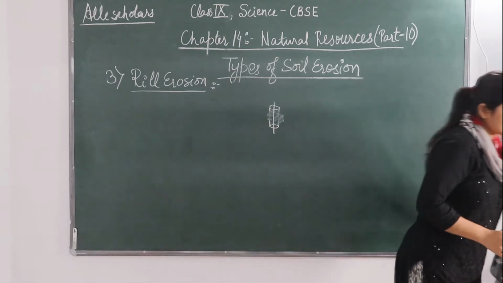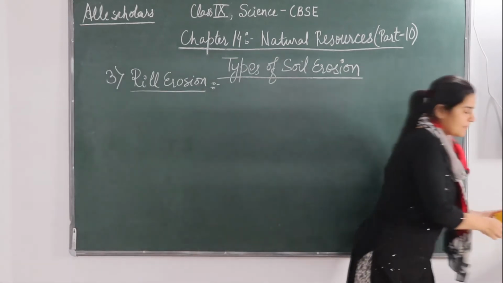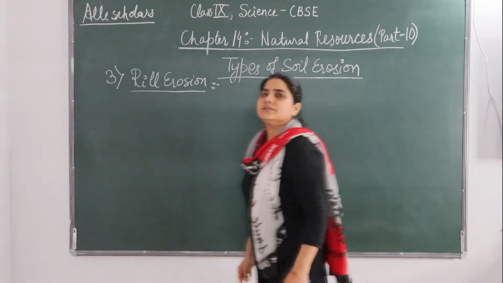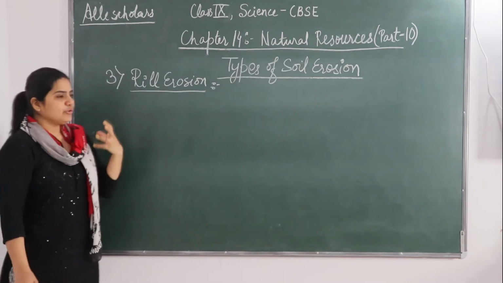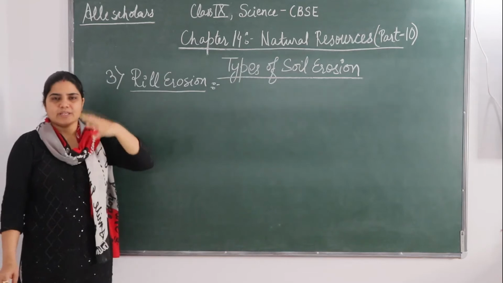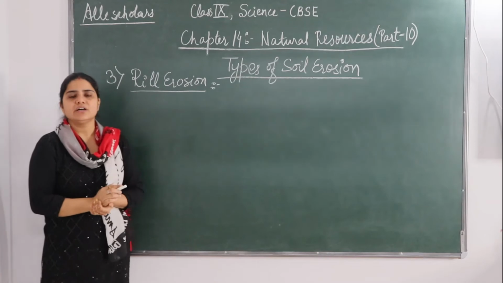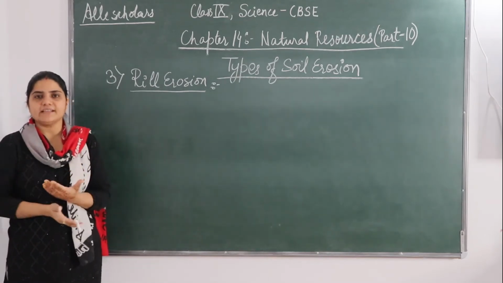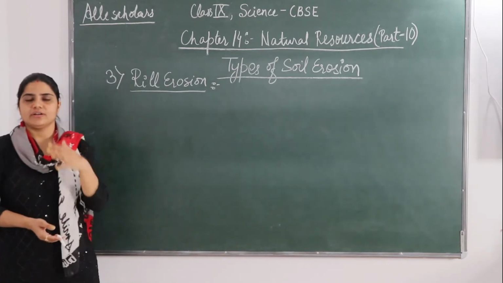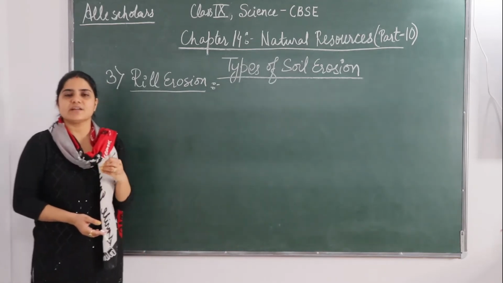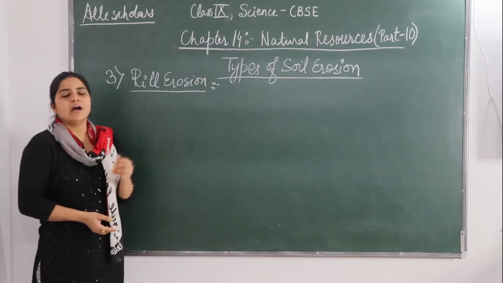So rill erosion is a form of water erosion in which the erosion takes place through a small stream. Through numerous narrow streams, small streams, or some straight channels. And these straight channels or narrow streams are called streamlets. What do we call them? We call them streamlets, or they can also be called head cuts.